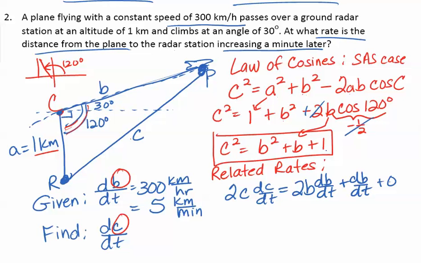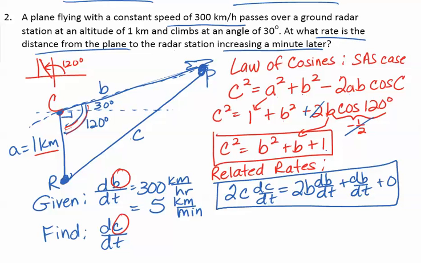So there's our related rates model, and remember that db/dt was given. So this time we can't divide by 2 because this third term, this db/dt, is not divisible by 2. So now we've got our formula, and in a minute we can plug in our specific case.